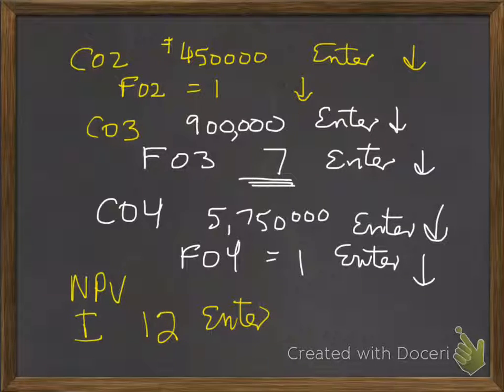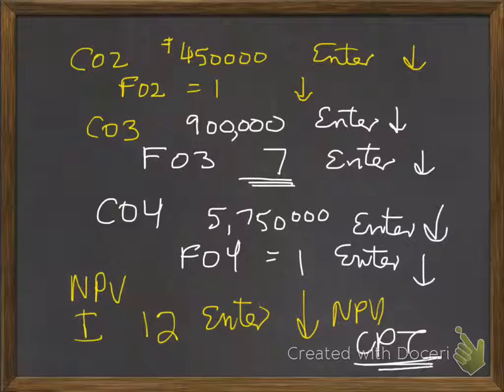At that point, you're going to press the down arrow button, and you will see on the display NPV, and you will press the compute, our favorite key. Press the compute button, CPT, and you should get the computed value of the net present value of this project.